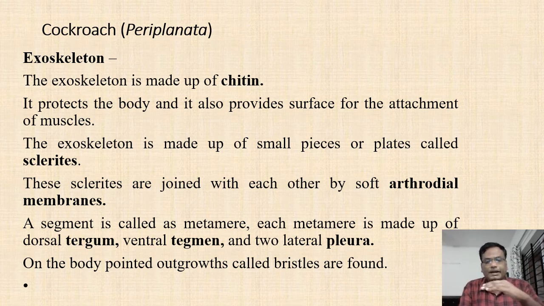So the sclerite which is found on the dorsal side is called tergum, and the sclerite which is found below on the ventral side is called sternum, and on the sides you find the pleura. On the body you find pointed outgrowths called bristles, so sharp spine-like structures called bristles.